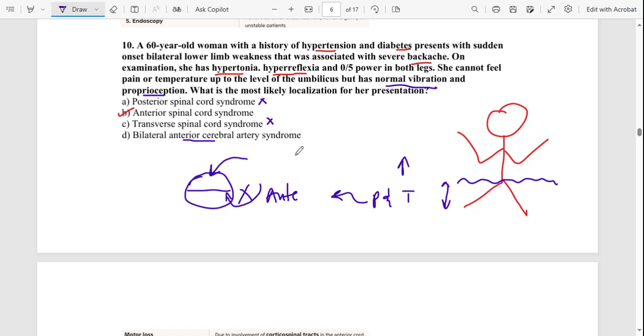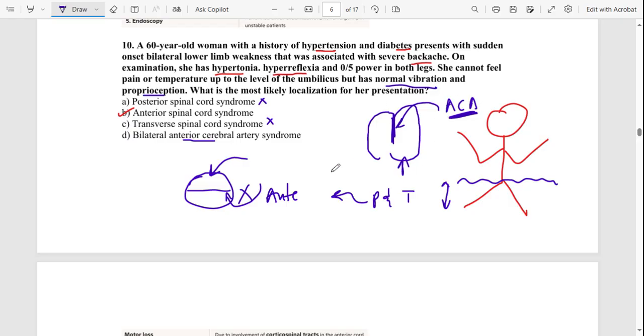But when we look at the homunculus, the part of the brain which controls the lower limb, the middle part, is supplied by the anterior cerebral artery. So if the anterior cerebral artery is affected, of course we expect to find symptoms of the lower limb being involved.